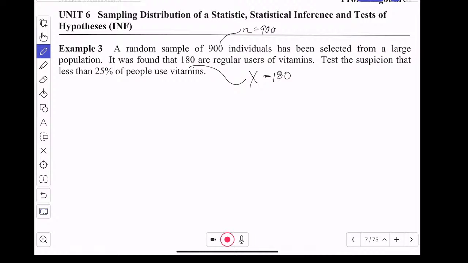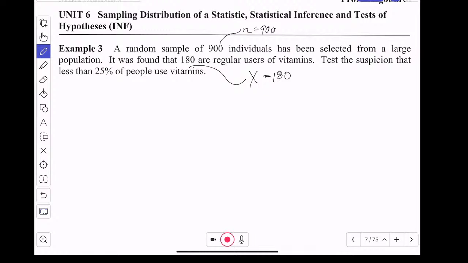And then it explains that we want to test the suspicion that less than 25% of people use vitamins. So implicit in that is a hypothesis test.